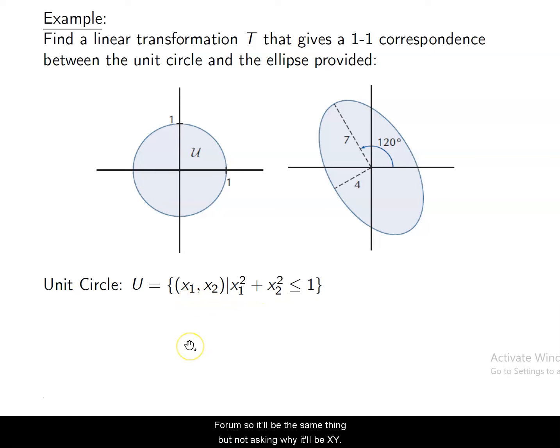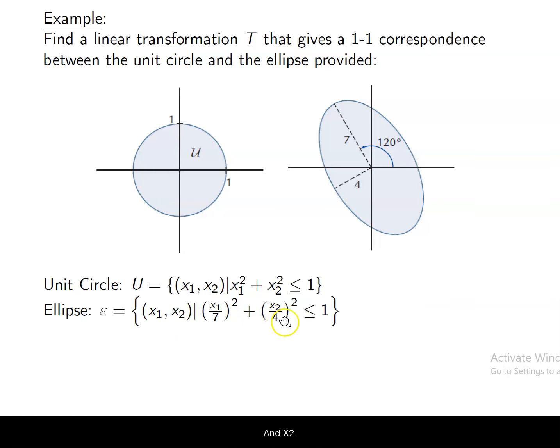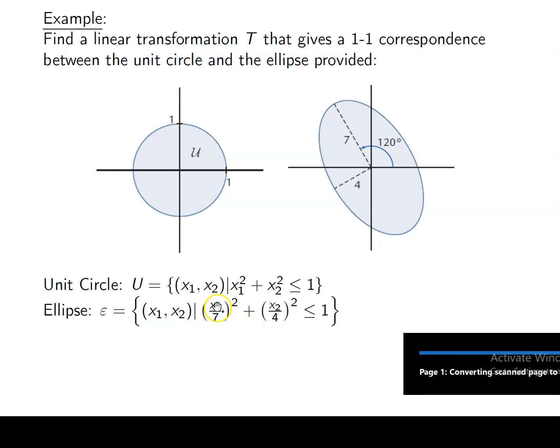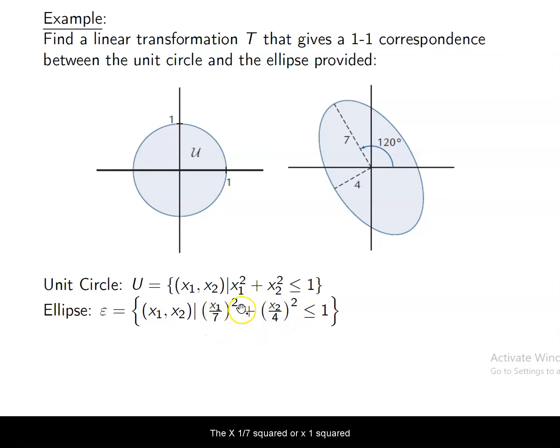That's how an ellipse is formed. It'll be the same thing, but not x and y, it'll be x1 and x2. So x1 squared over 49 plus x2 squared over 16 is less than or equal to 1. However, here it's fine to just write it as the whole thing being squared.